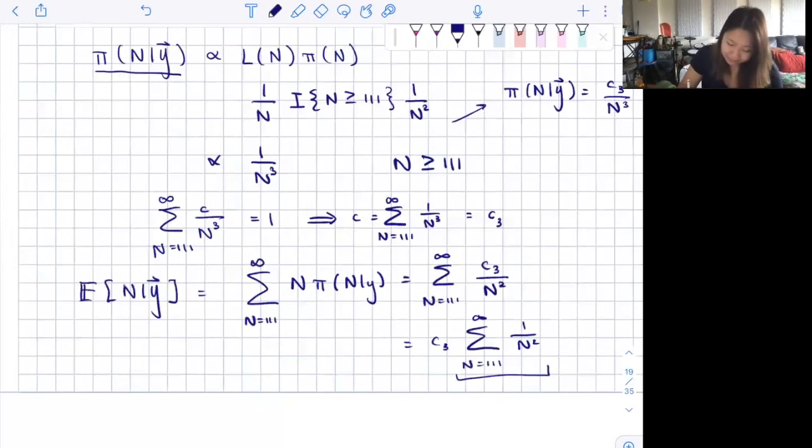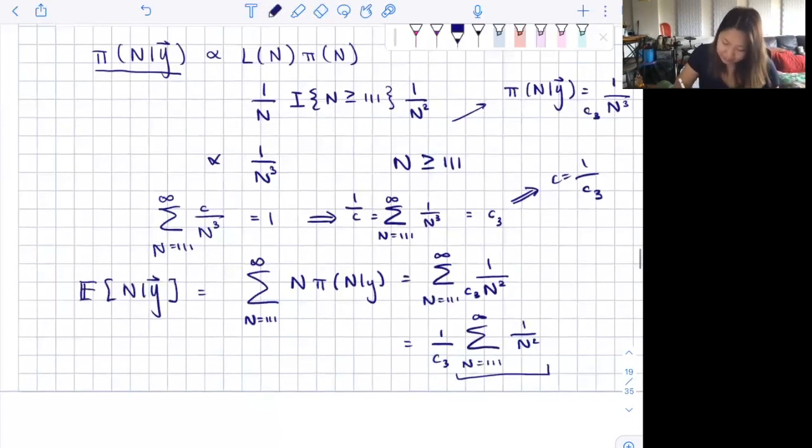Oh wait, I think I solved this wrong. Let's see. Oops. 1 over c is this, which is equal to c3. So actually c is equal to 1 over c3. Just a reciprocal mistake there. So we have 1 over c3 here, and then this sum is c2. So in all, c2 over c3 is our posterior mean.